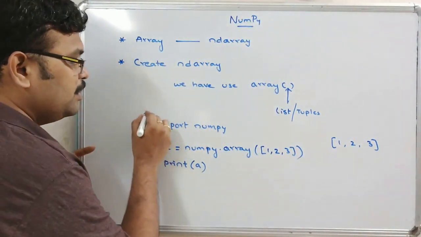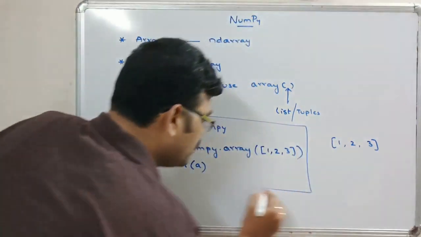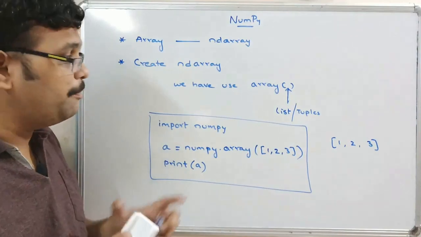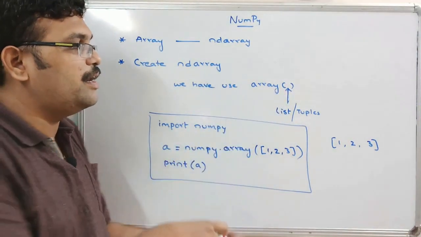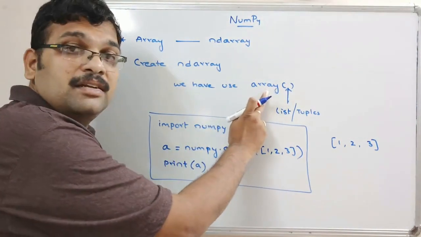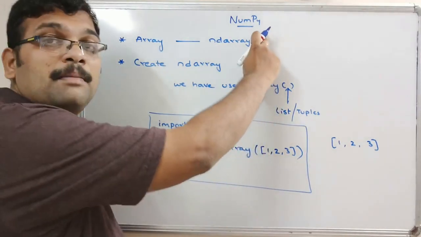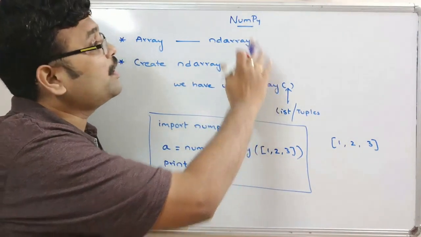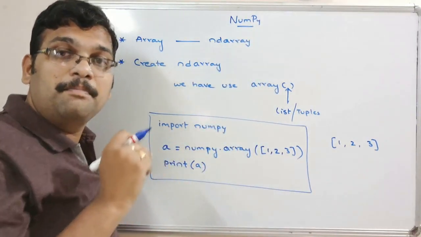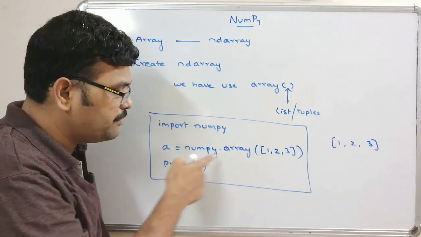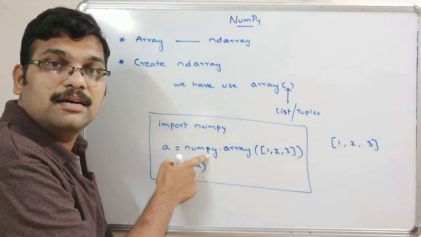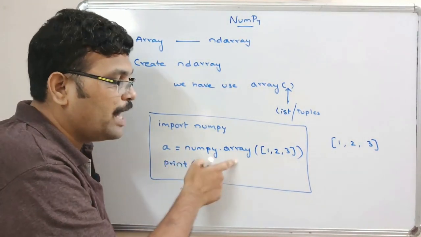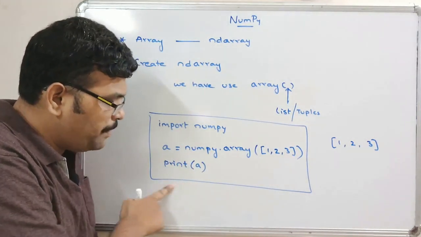So this is how to create an ND array. One thing we have to remember: this array is a function which is available in the NumPy library. Whatever functions we use from the NumPy library, we compulsorily have to call them with the help of the library name, numpy.array.